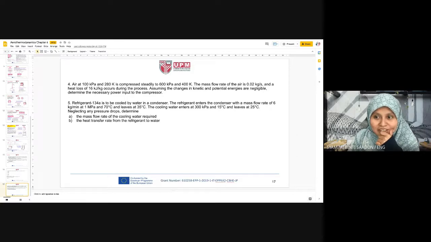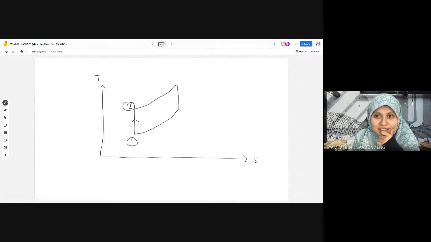Okay, try using the whiteboard. Write first the energy balance equation applied to this compressor. How is your energy balance equation going to be? Write it down on page 4, below or above.